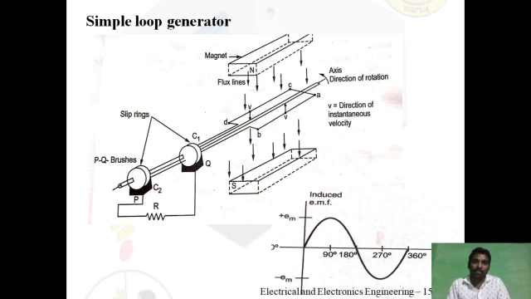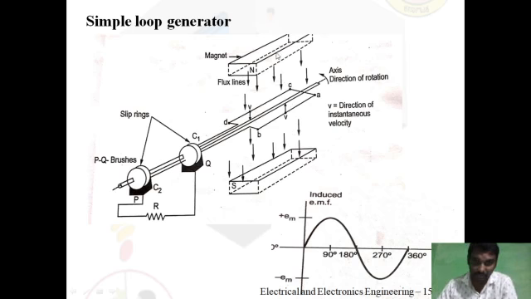We moved the magnet towards and away from the conductor coil in the last session. Here also we need two things: the magnetic field and the conductor. Let us analyze the same concepts with this diagram.